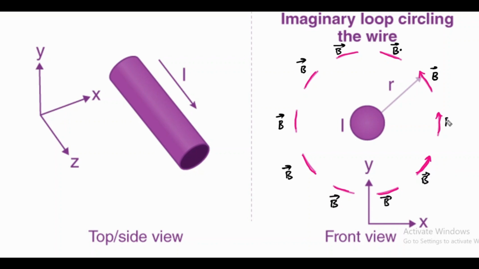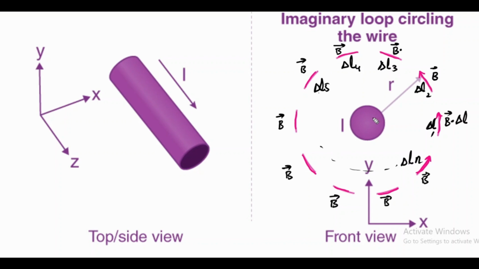This part of the Amperian loop is del L, and this part is del L, and similarly, if we take a large number of these parts, del L1, del L2, del L3, and del L4, up to del Ln, for each del L there will be magnetic induction.